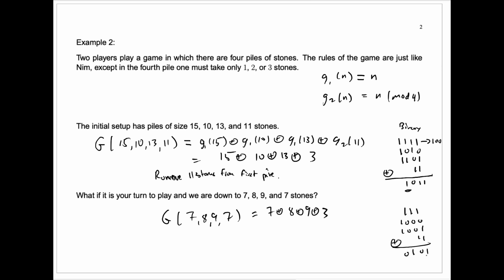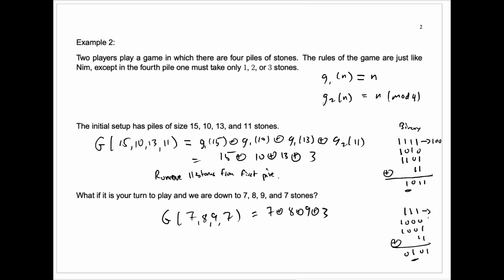Again, this is an N position because the NIM sum is non-zero. And we have to alter one of these piles so that the new NIM sum is 0. And we'll have to alter one in that position where there's a 1 in the highest position in the NIM sum. That would be the third one from the right, that 4's position. And there's only one entry, this first entry, in which we have that. And we have to change that by altering the position in the 4's column. And we also need to alter the position of the 1's column.